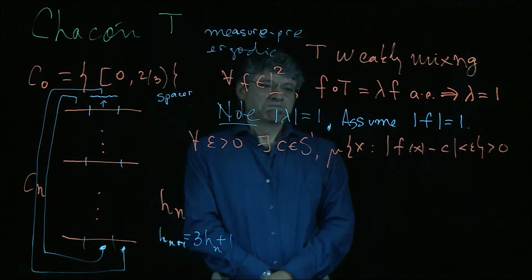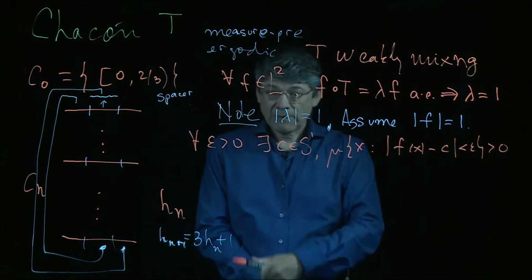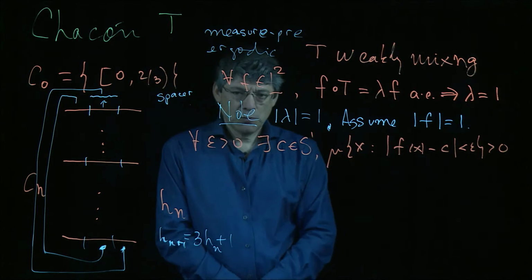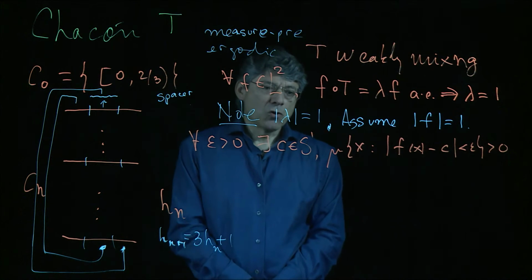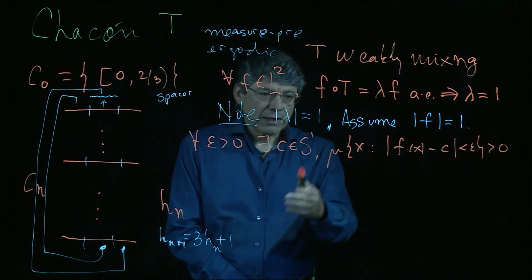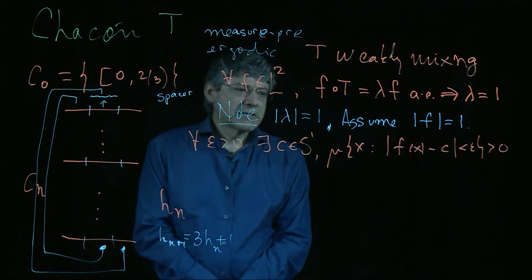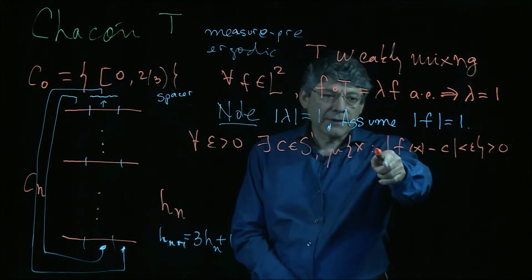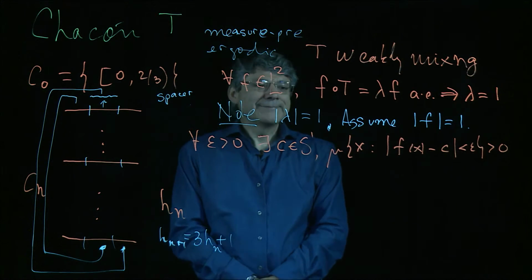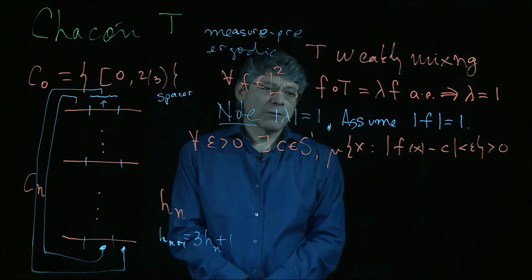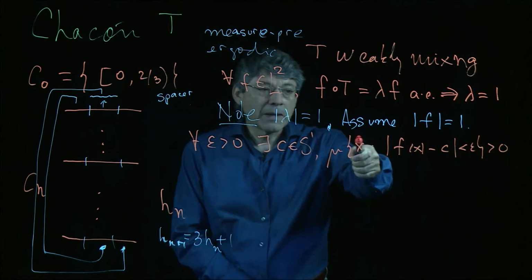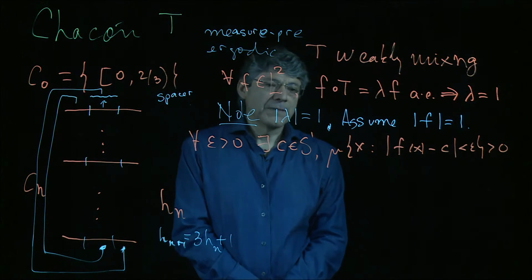Okay? This is something that you're all invited to prove. It's a consequence, for example, if you're familiar with points of Lebesgue density, but one can give a direct proof of this by looking at all the x's which are epsilon close to the rationals and taking the union over all rationals. That set has to be a set of full measure, and therefore there must exist at least one that has positive measure.